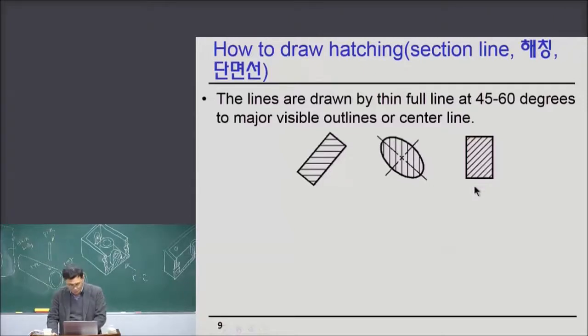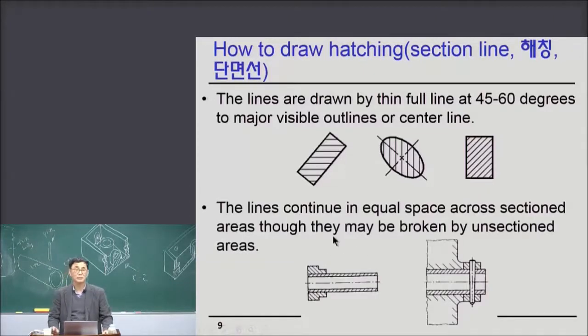Or if you are using CAD tools, then you may apply a light color in one section. It's okay. But the problem is that if two parts are combined, then the lines continue in equal space across sectioned areas, though they may be broken by unsectioned areas. So this is a pipe, but one part, so the hatching pattern is maintained throughout the one part.